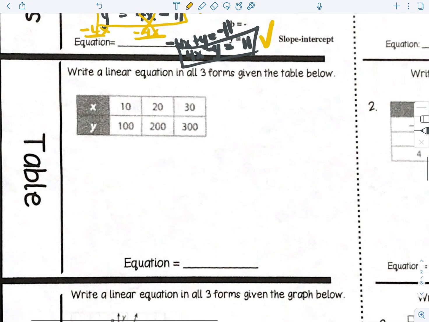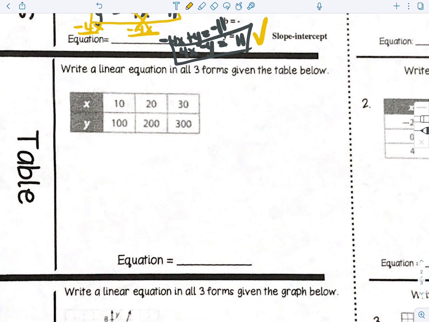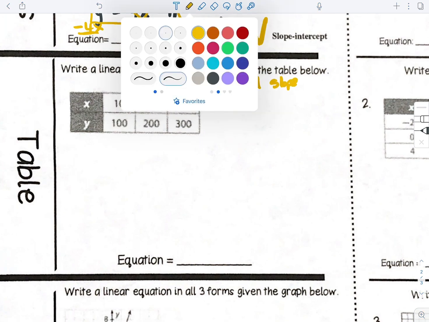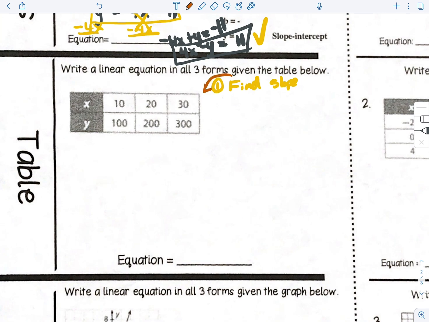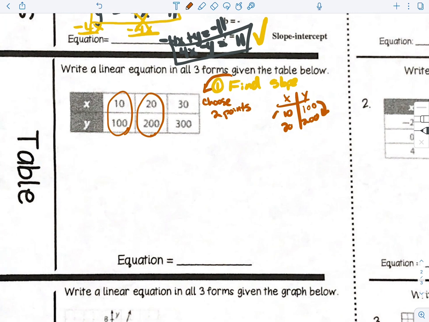And now when we talk about a table, we're going to do the same thing as we did before. We're going to first find the slope. But there's a mini step above that. And the mini step is to choose 2 points. So I'm going to choose 10 and 100, 20 and 200. Put that in a table. And I'm going to find my change in y and divide it by my change in x.